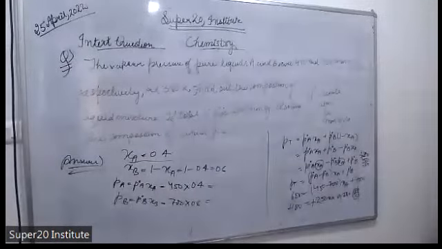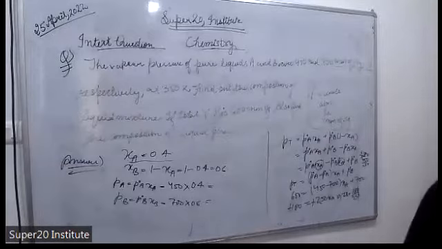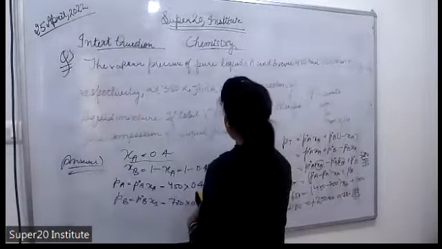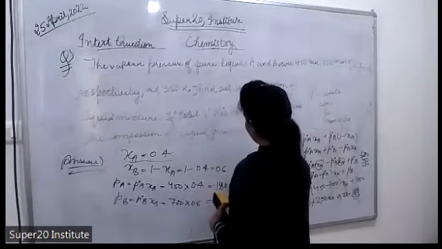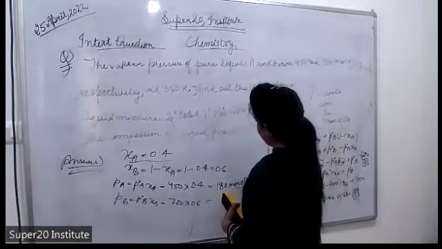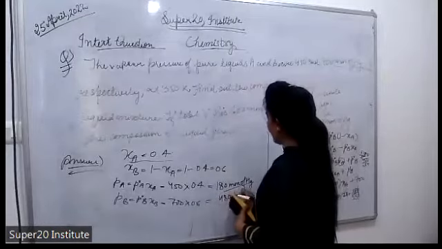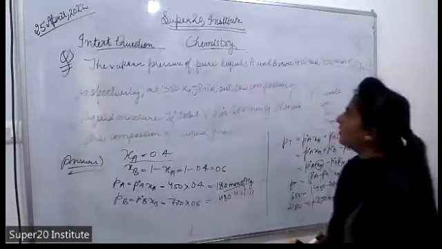So do the calculations. 450 multiplied by 0.4 and 700 multiplied by 0.6. So we get 180 mm of, the same unit is running, so we will use it here also, and 480 mm of mercury.